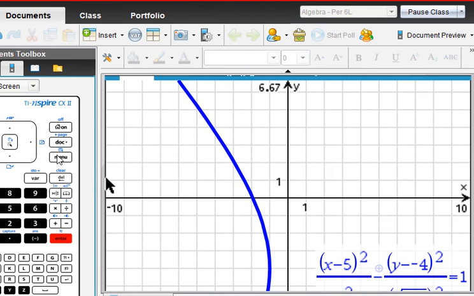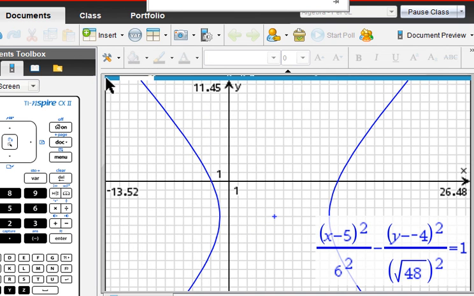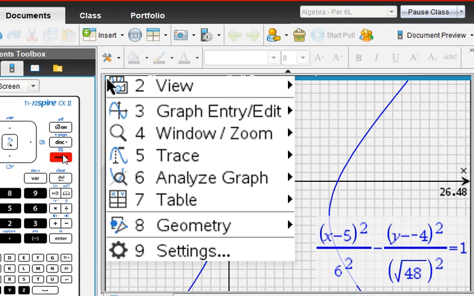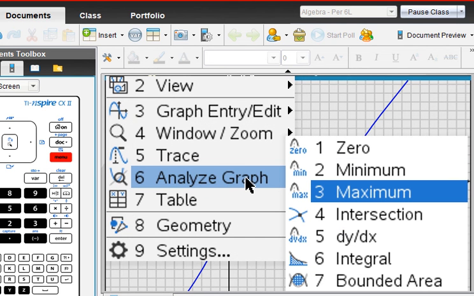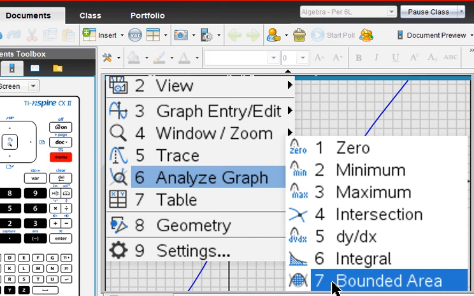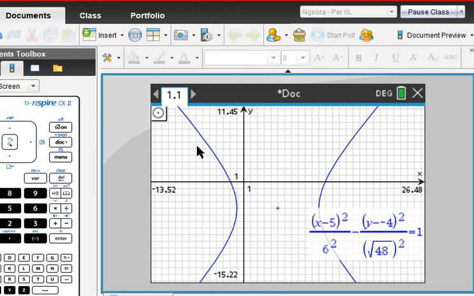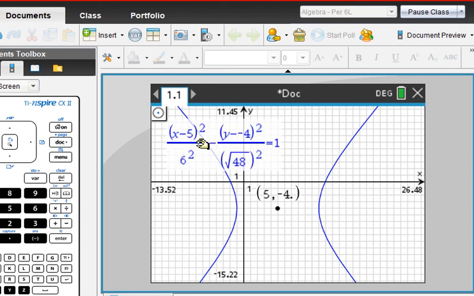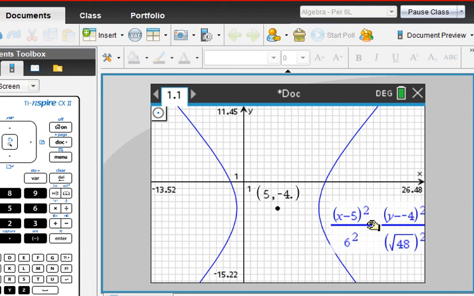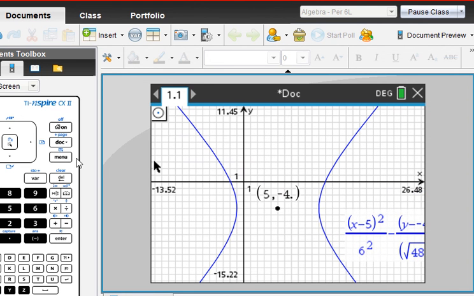I want to be able to see it, so I'm going to zoom. Now, when I analyze my graph, it's a conic. So I analyze graph, and way down there for number 8 is analyze. I want to find the center, so I click on the hyperbola, and there's the center of our hyperbola. Now, I want to move this equation out of the way just a little so that I can actually see the asymptotes.